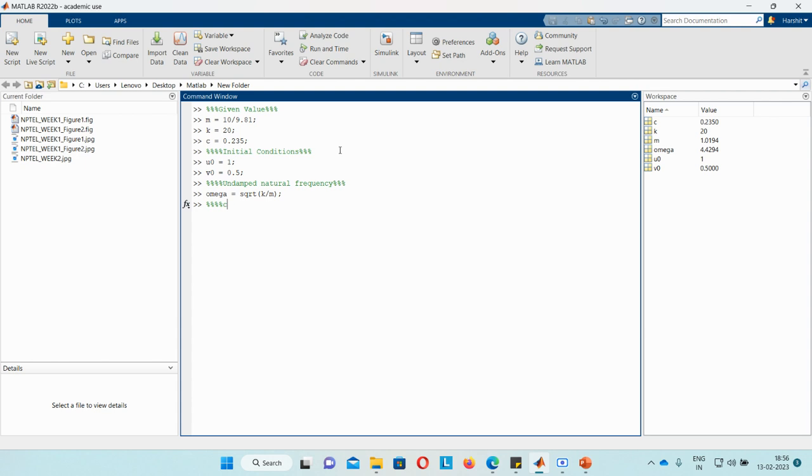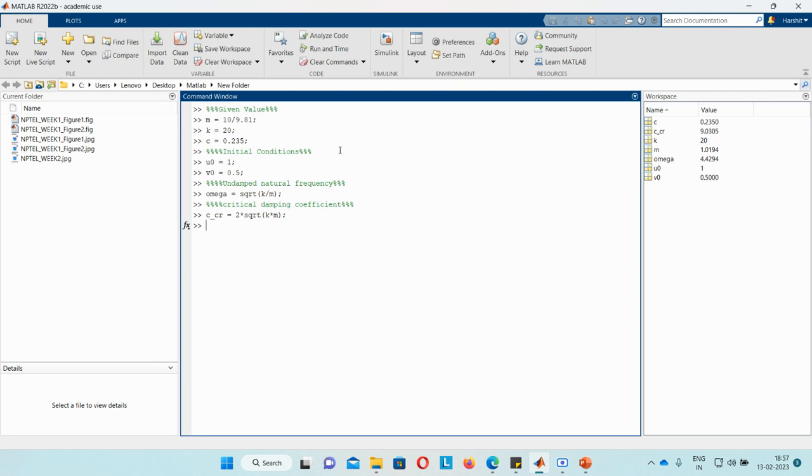Now, the critical damping coefficient. We will define it by CCR, C critical, which will be equal to 2m omega n. And m omega n can be written as the square root of km. So it will be 2 times the square root of k times m.